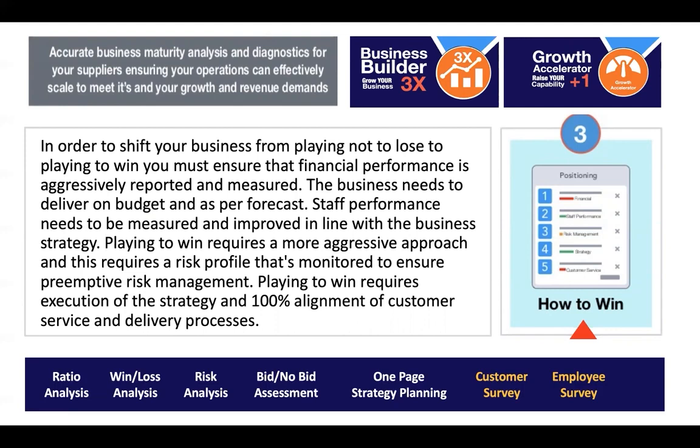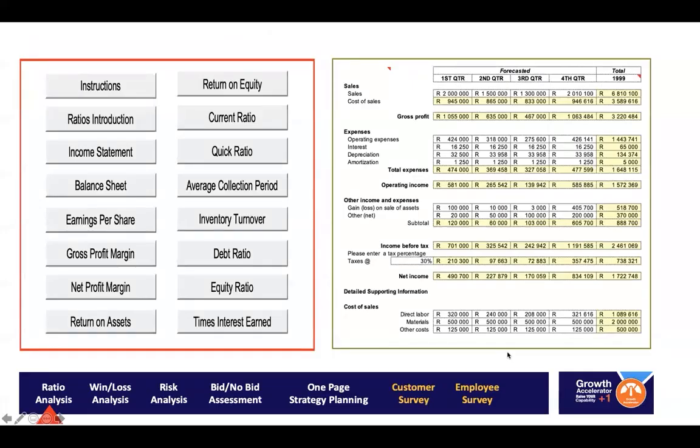Looking at the business builder, we integrate customer survey and employee survey, which are two of the modules that we predominantly focus on within the business builder. Looking at the first one, just quickly giving you a view, we do provide you with a system that provides detailed ratio analysis.